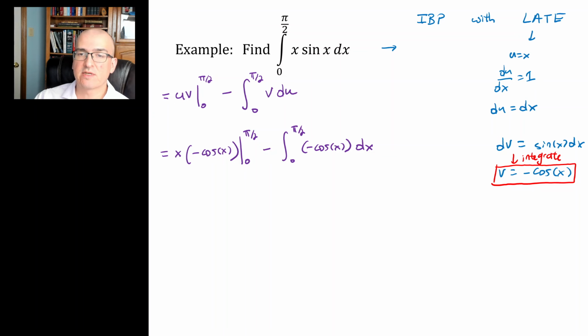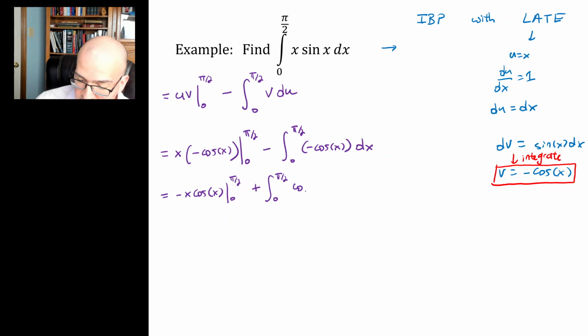We've replaced the integral of x times sine of x with an integral of cosine of x. Definitely nicer. I'm going to clean this up before evaluating it. Negative x cosine of x evaluated from 0 to pi over 2. For the next part, I have two negatives multiplied together, so those will cancel and give me a positive: the integral from 0 to pi over 2 of cosine of x dx.